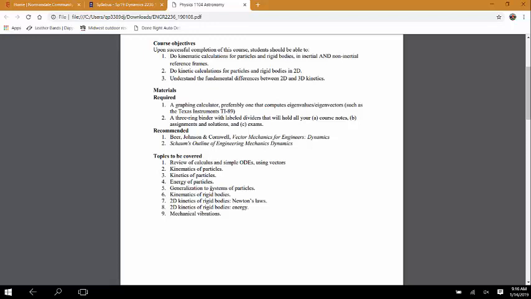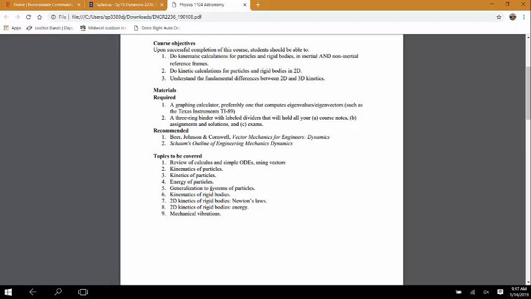And we are mostly going to be doing Newtonian analysis of things. That means Newton's second law and the moment balance equation, rather than using energy methods, although I'll talk a little bit about energy.